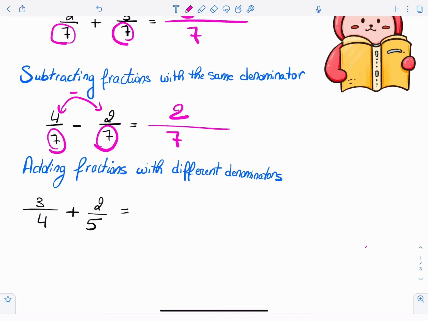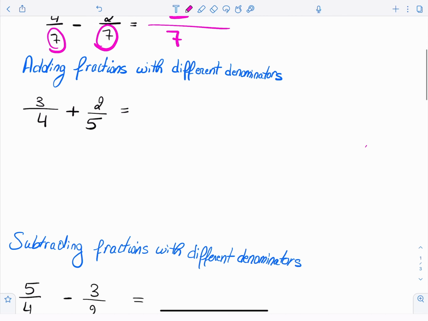Now if we want to add fractions with the different denominators, what do we do? Okay. We try to change the fractions to have the same denominator. How can we do that?